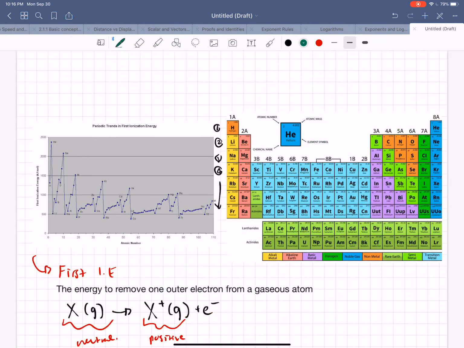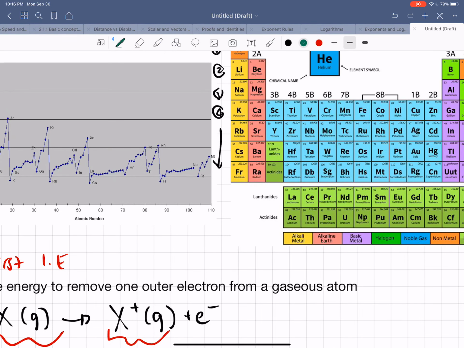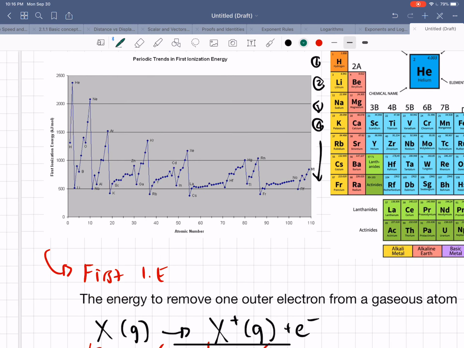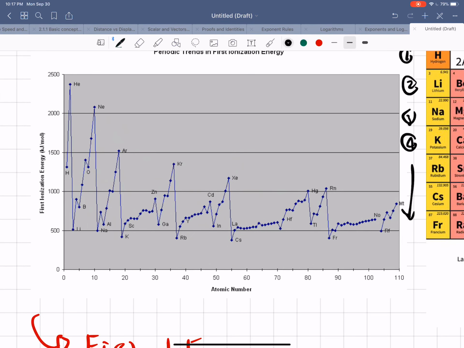So essentially, as you go down a group, you cultivate more shells, and as you cultivate more shells in the atom, that valence electron isn't as restricted by its electrostatic attraction to the nucleus. And this is what you notice here.